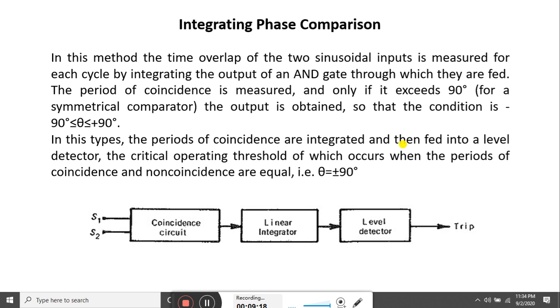Now the next type of phase comparator in this category is called the integrating type phase comparator.